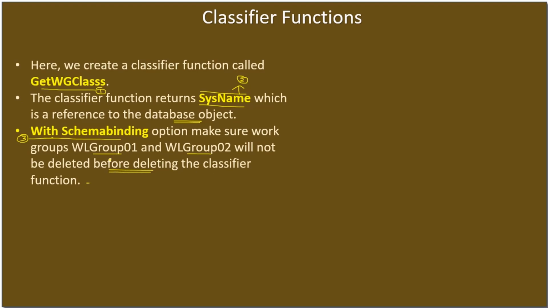Because the classifier function becomes meaningless when these two workload groups don't exist. So we want to make sure that these schema objects are not deleted while the function exists. In order to delete these two database objects, we need to delete the classifier function first, then you can go ahead and delete these workload groups.